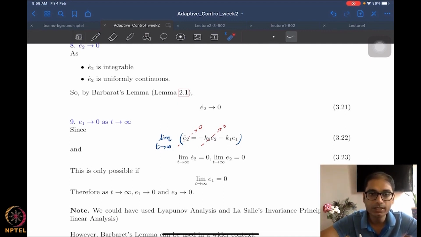All right. So this is very important. What have we shown? We have shown with a bunch of steps, 9 steps to be precise. It looks like a lot of steps. But when your problem gets more complicated and you cannot resort to linear analysis, or you have an adaptive system which inherently makes your closed loop system non-linear, these 9 steps will look like a blessing to you.